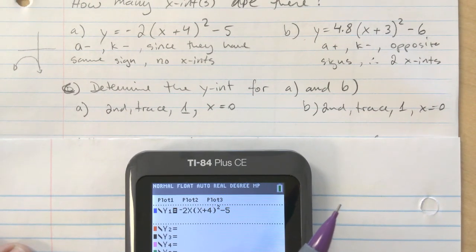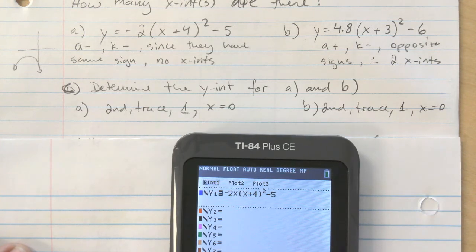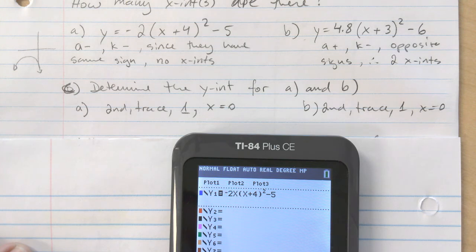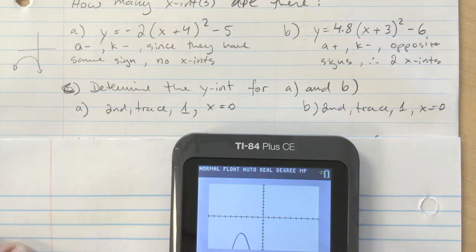There it is. So what I'm going to do is zoom 6. Zoom 6 gets me back to the origin. Okay, anyways, there it is.